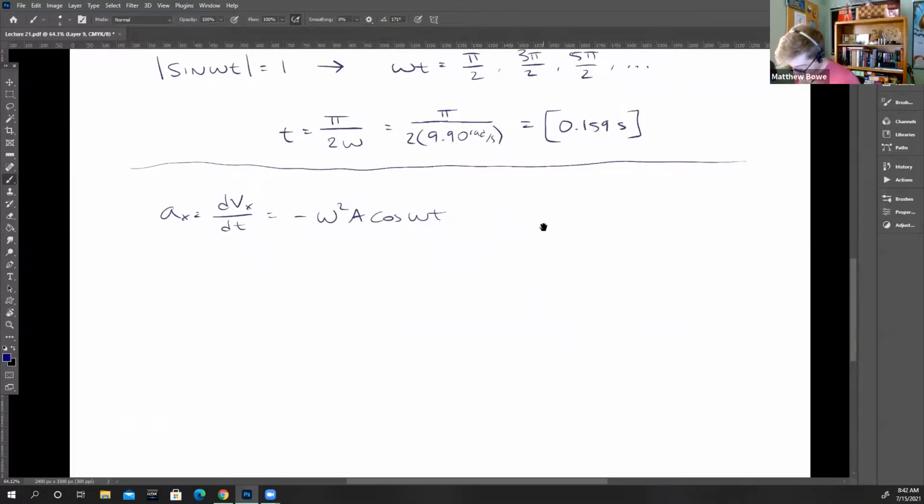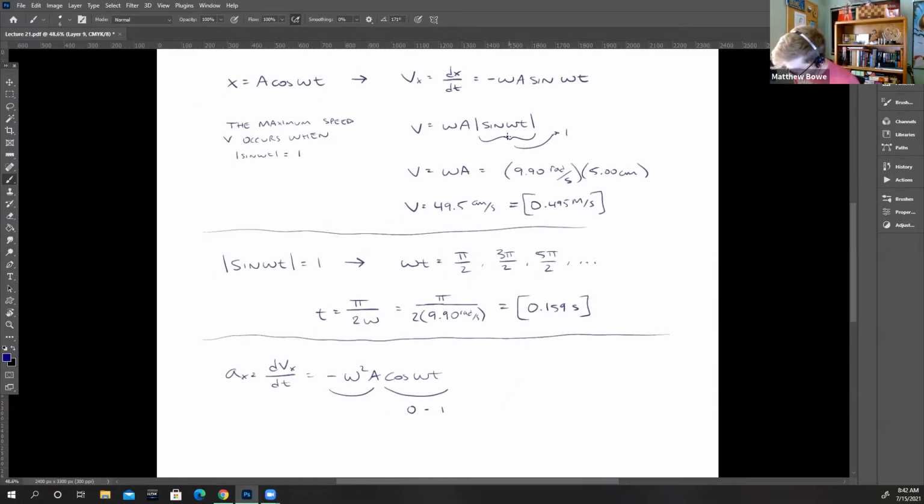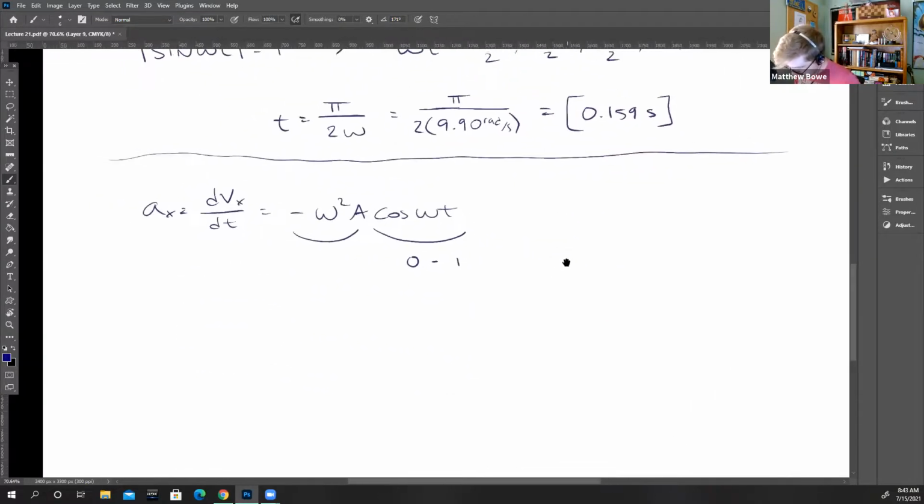All right, same thing again. So we have this multiplied by a cosine, and this cosine value is going to be any value between 0 and 1. Similar to my reasoning for making this sine equal to 1 up here. Whenever it is a 1, it'll be 1 times the rest of it, which is the maximum.